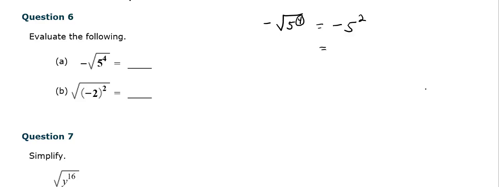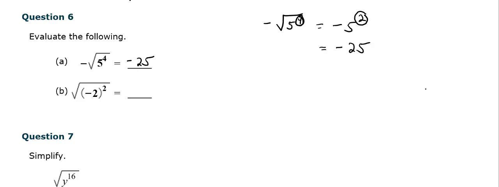So our answer would be negative 25. So again, we get this exponent 2 by dividing the exponent inside by 2 because we're talking about square root. So our answer would be negative 25.